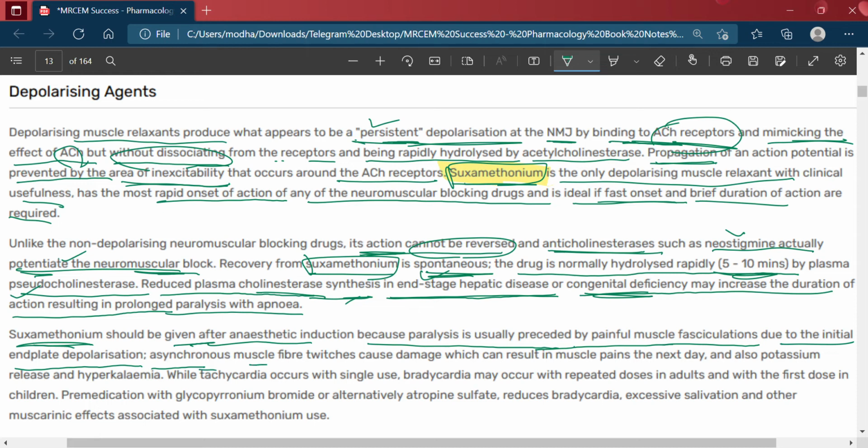Asynchronous muscle fiber twitches cause damage, which can result in muscle pain the next day. And also potassium release and hyperkalemia.